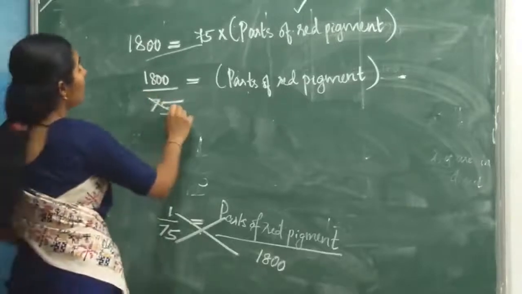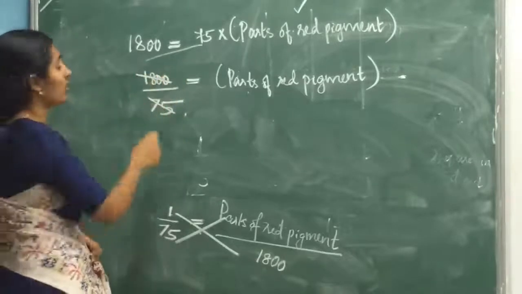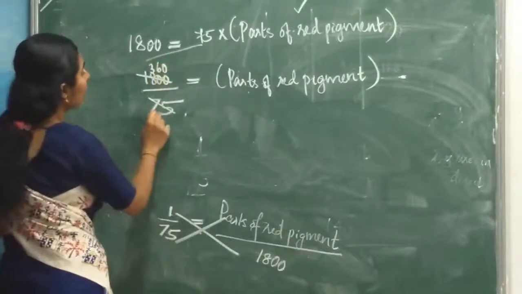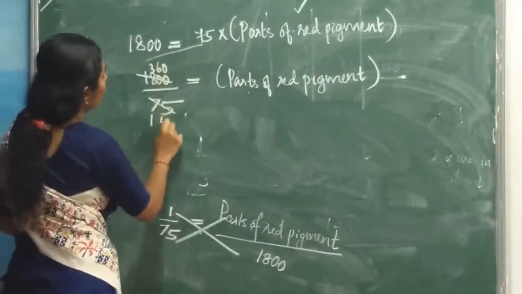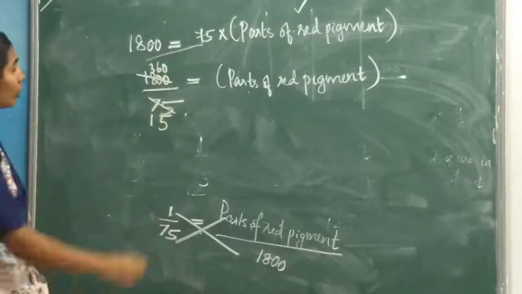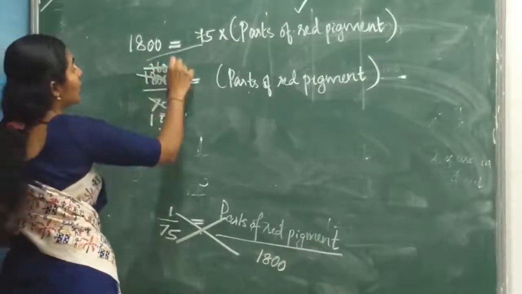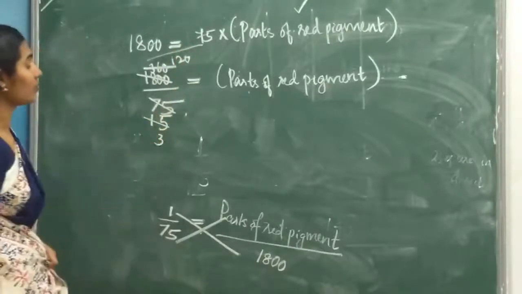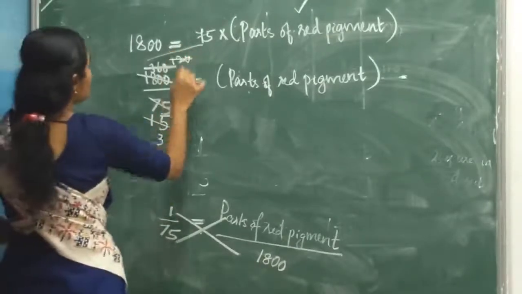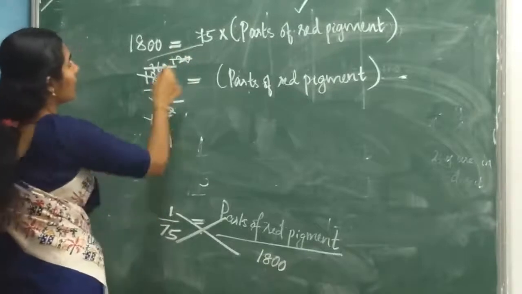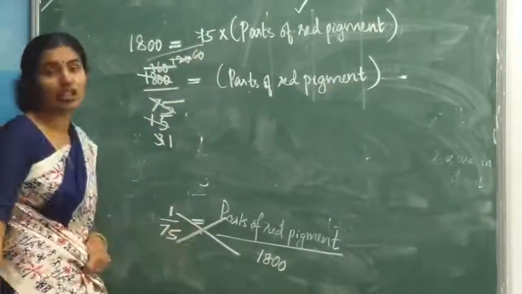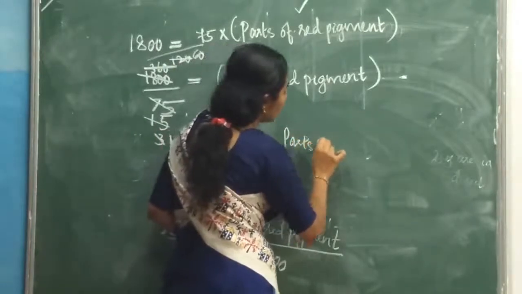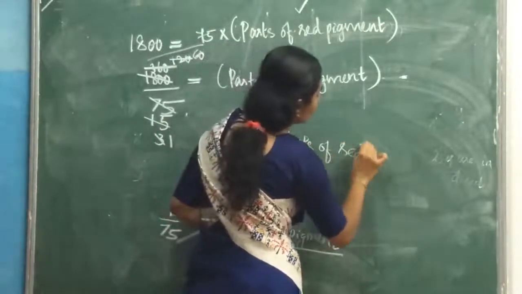When you cancel it by 5, what will you get? Here 360, this one 15. Again you cancel it by 3. By 3 when you cancel, 120, here 5. 120 and 3, when you cancel by 3, you will get 60. So what is the final answer? Parts of red pigment is 60.